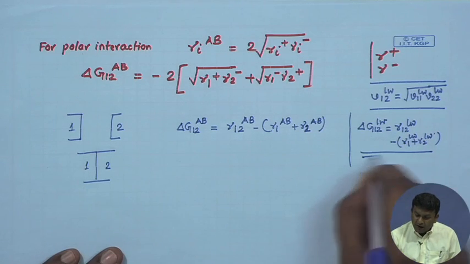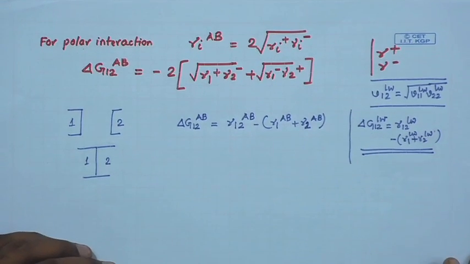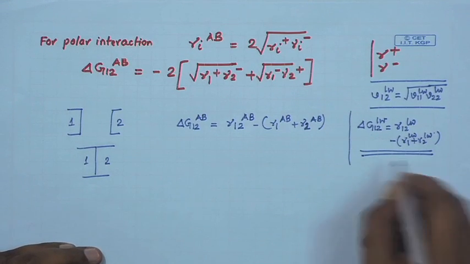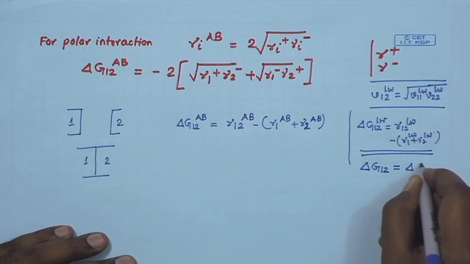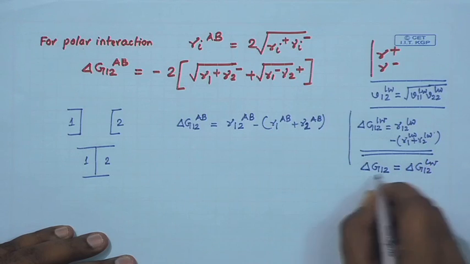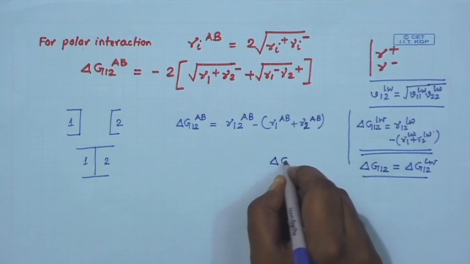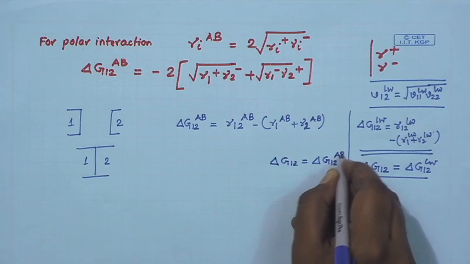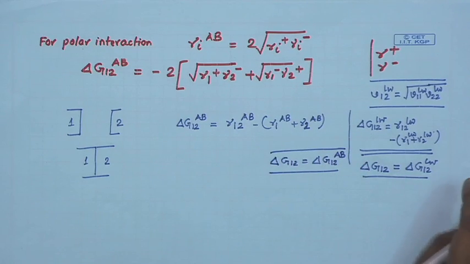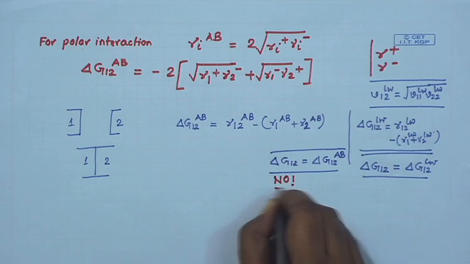Here I would like to make a statement and initiate some thought in your mind. While considering the van der Waals interaction, delta G12 is equal to delta G12 LW. My question is, can we write that while considering the polar interaction, that we consider only a system where we have polar interaction? The answer is a big emphatic no. Why?